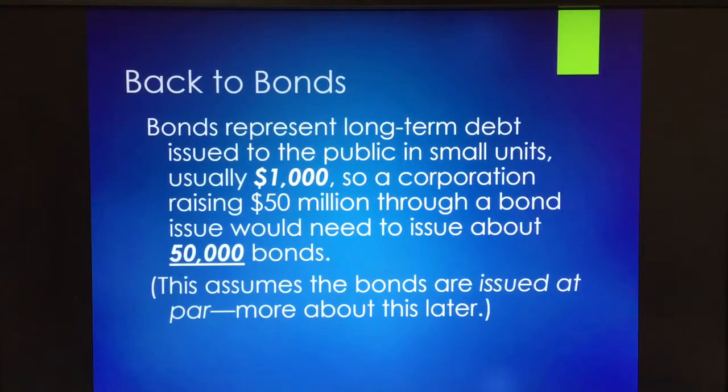But anyway, the idea about bonds is that by taking this $50 million and slicing it up into little pieces of $1,000 each, you've got a broader market. The bank that wants to lend you $5 million can still do that. Or the foundation that has a lot of money and is looking for some fixed income securities can put that kind of money in.